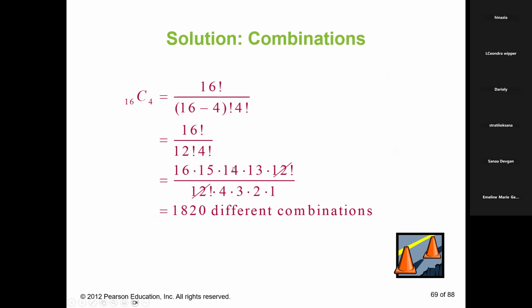Now you go all the way down to 12, because 12 is greater than 4, and then you simplify the 12 factorial. The 4 factorial is 4 times 3 times 2 times 1. When you multiply these numbers, you're going to get 1,820 different combinations.